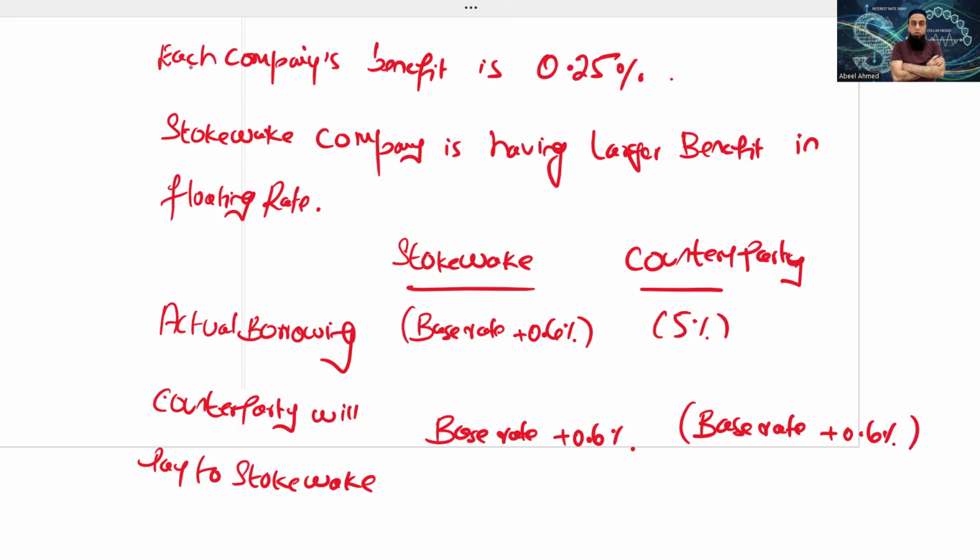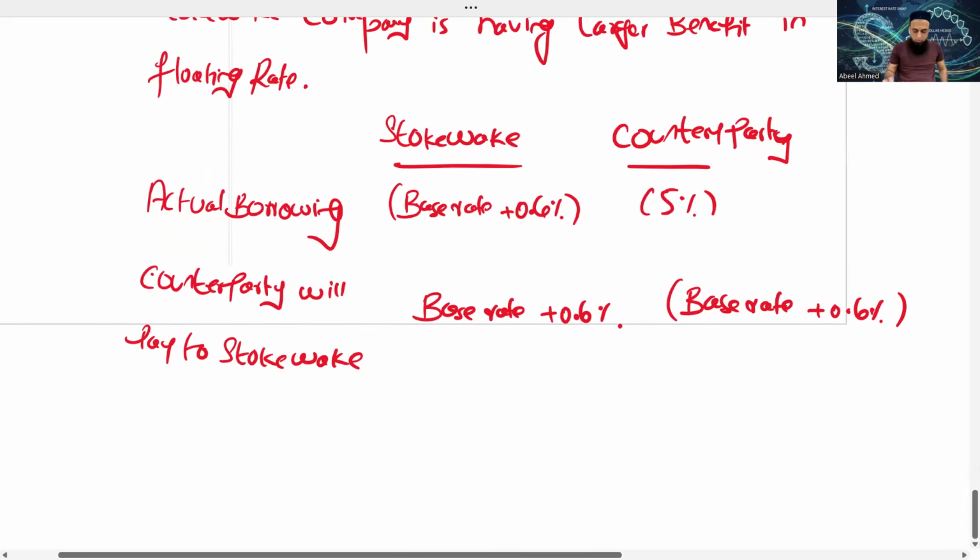The company which is required to make payment in fixed rate first takes their own fixed interest rate, and from it they deduct their benefit. And whatever is left, they make the payment. Here, Stoke Wake is required to make payment in the fixed rate. So number one, Stoke Wake will check what is their fixed rate. Second, they will deduct their benefit. And whatever is left, they will pay to the counterparty.